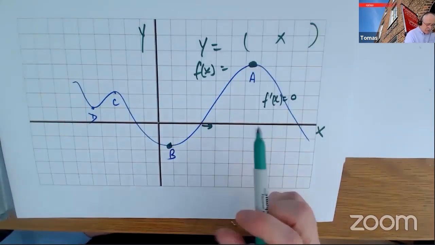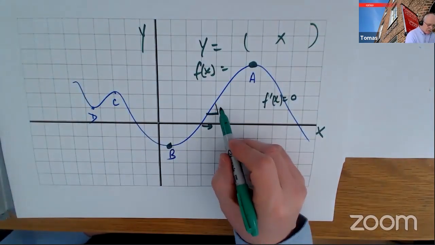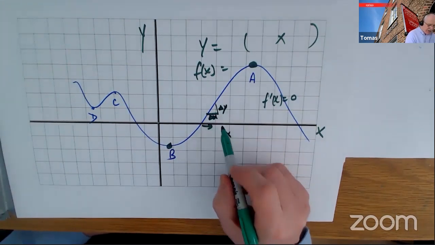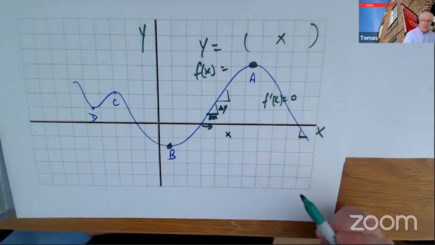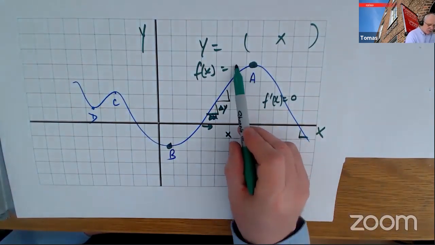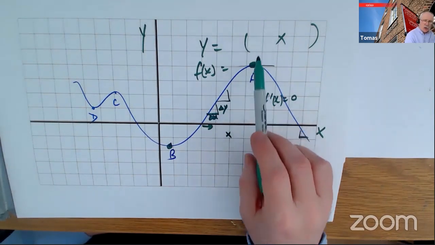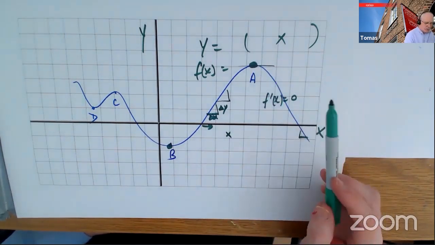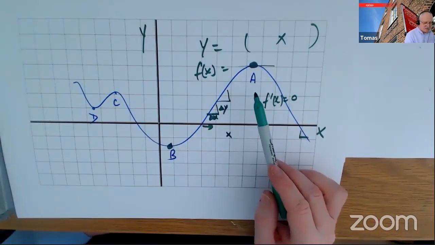So at here, obviously, for every change in x, there's a change in y. So the delta y and the delta x, that's quite steep. I'm going up quite a steep mountain, whereas here I'm going down a steep mountain. But at this particular point here, that small bit of x, I'm not going up or down any amount of y. So the change in y over the change in x has gone.